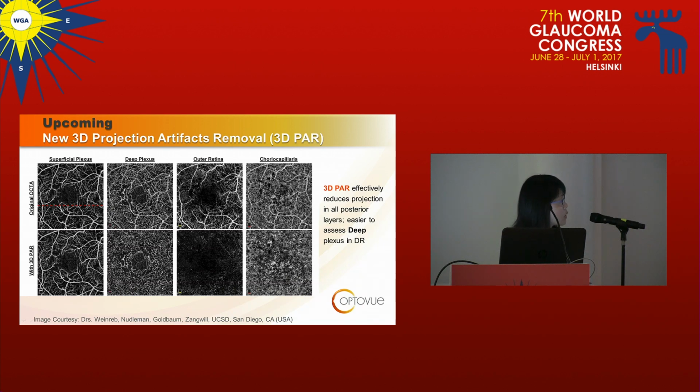And at the bottom row is the projection artifacts removed images. As you can see in the deep plexus, outer retina, and the capillary, the projection from superficial plexus are removed. These are particularly important for diabetic retinopathy evaluation of the deeper plexus and for wet AMD and macular changes in the outer retina and the choroid capillaries.